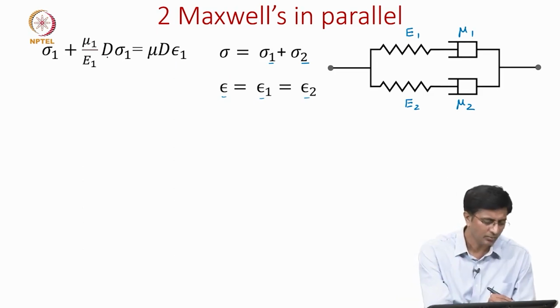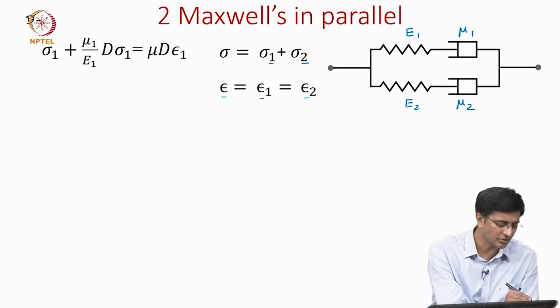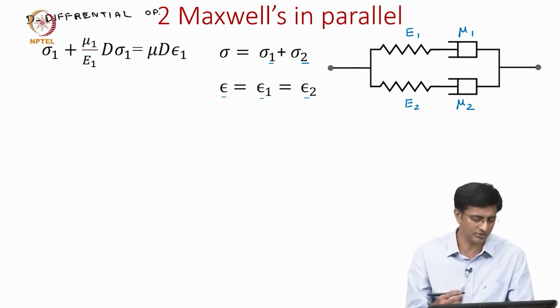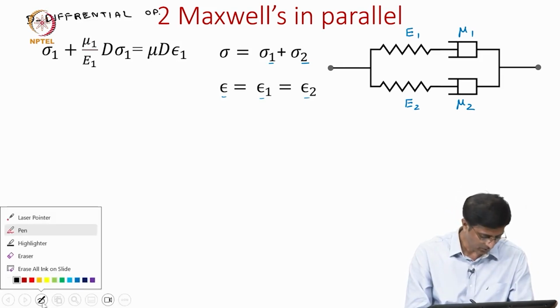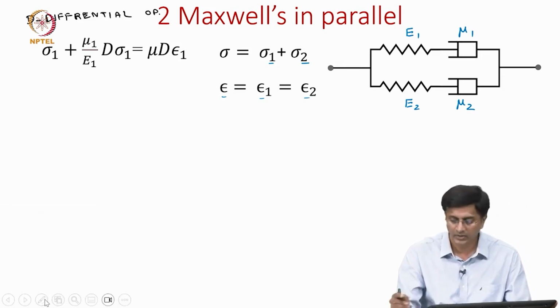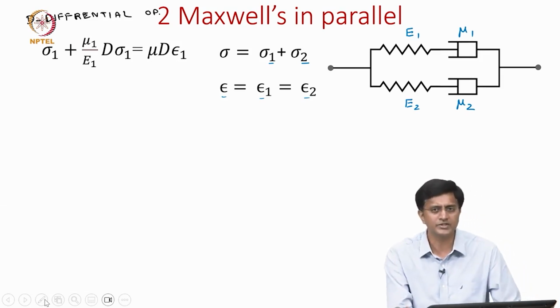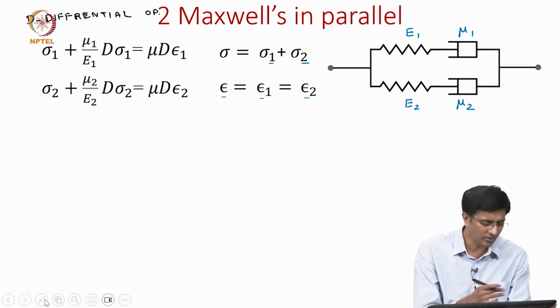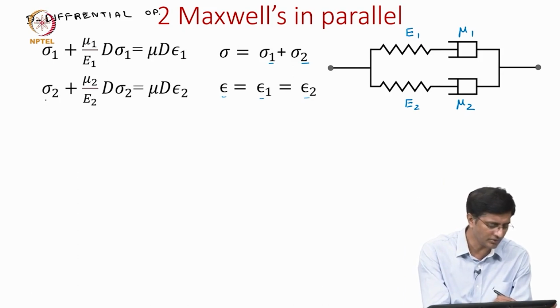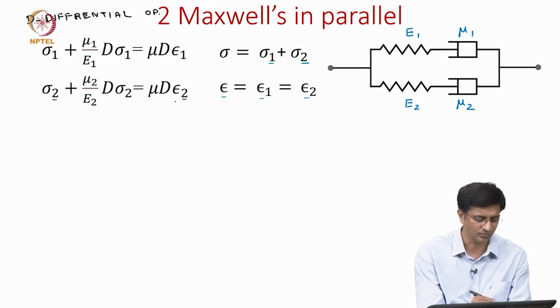Earlier we mentioned that D is the differential operator, and we also said that it follows the rules of algebra. We will be using that, which is the reason why I am emphasizing it. Now, let us look at the constitutive equation for the second Maxwell model, which is similar. The only difference is that now we replace the stress with sigma 2 and the strain with epsilon 2.